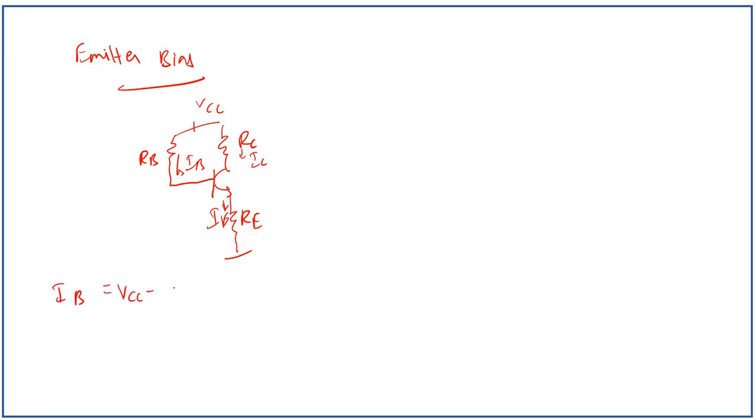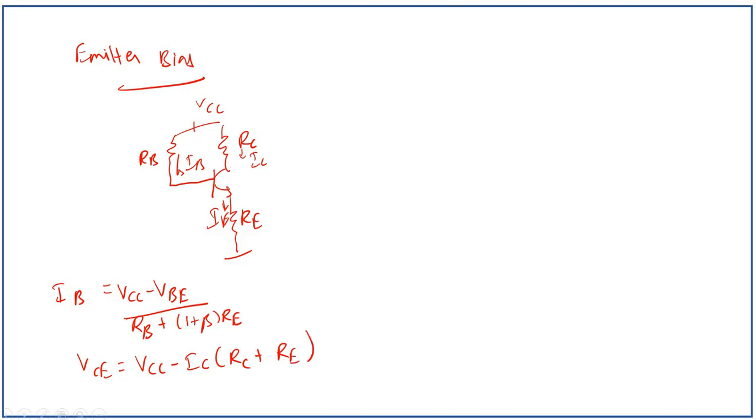IB equal to VCC minus VBE divided by RB plus 1 plus beta into RE, and on the output side VCE equal to VCC minus IC into RC plus RE. So these are the equations for emitter bias, and also VE equal to IE RE.